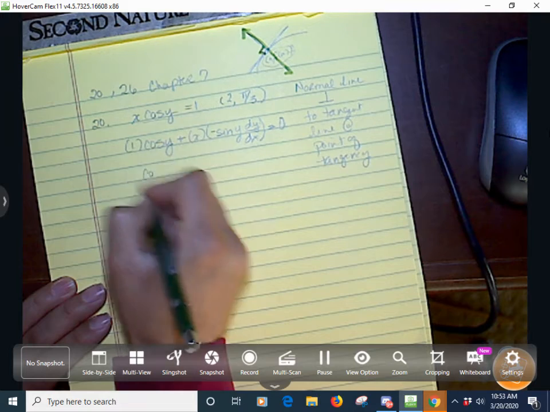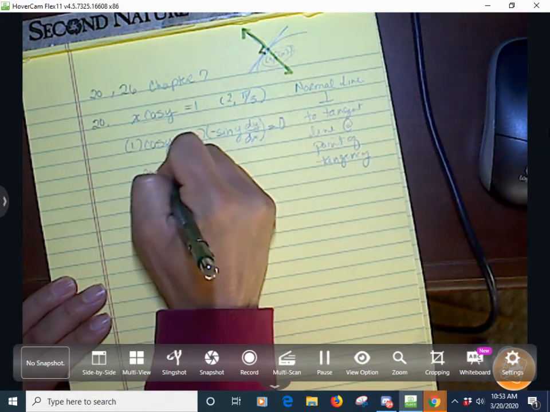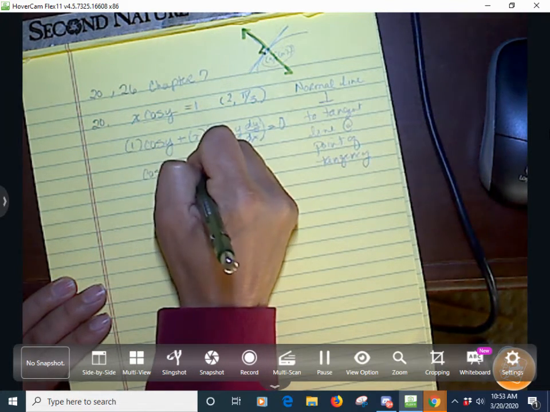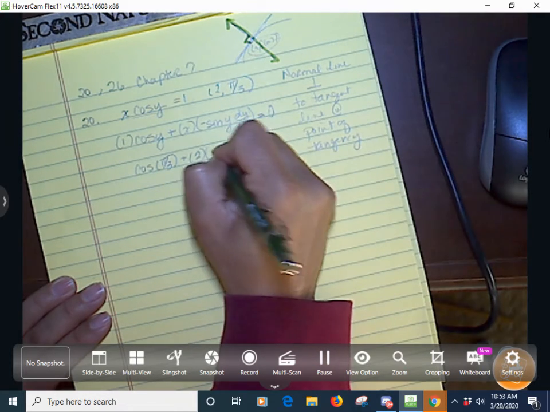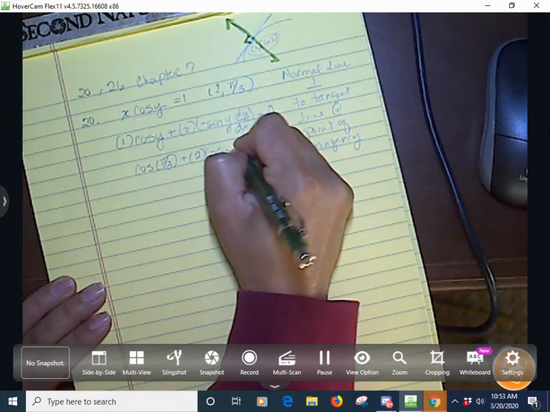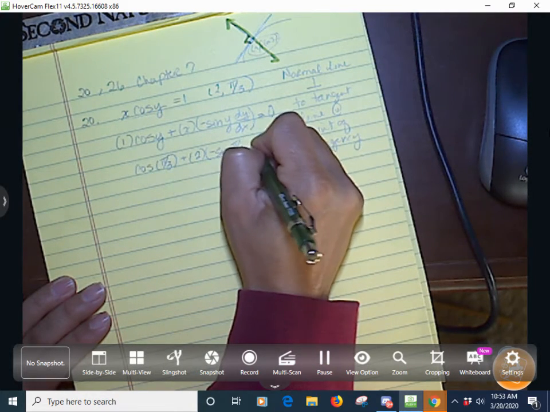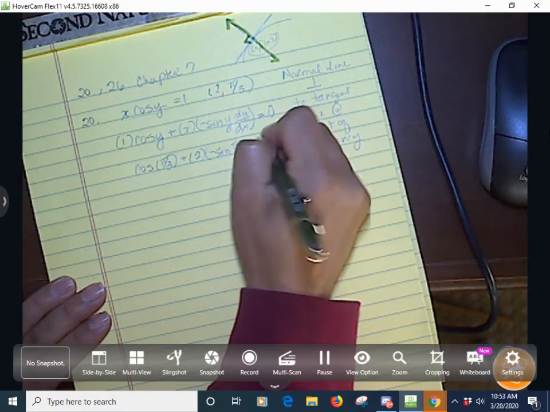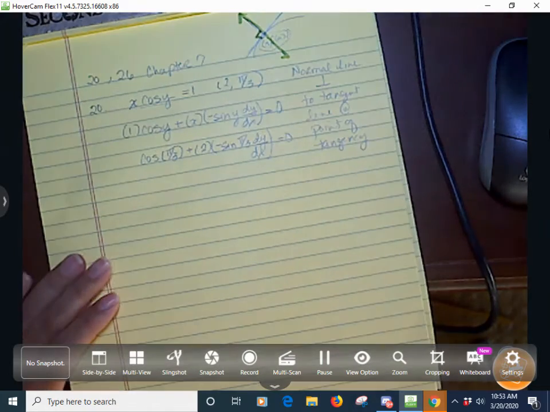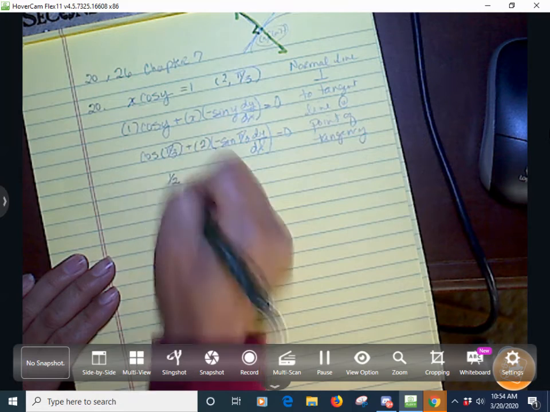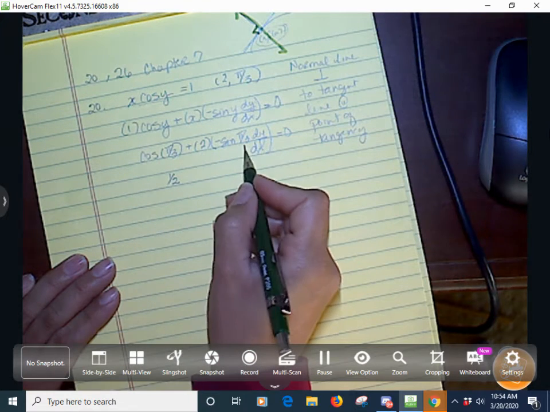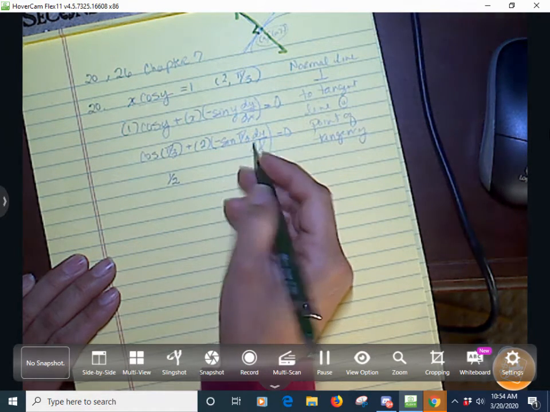So 1 times cosine of pi over 3, plus 2 times negative sine of pi over 3 times dy dx, equals 0. Cosine of pi over 3 is 1/2, and sine of pi over 3 is square root of 3 over 2.